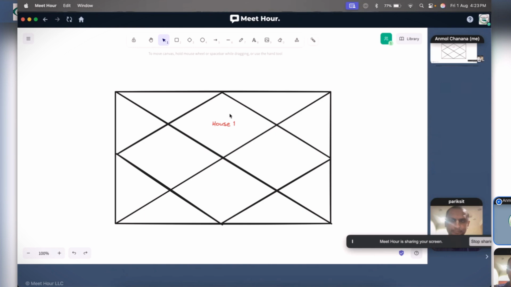And we navigate this chart anti-clockwise. In North Indian style, this is anti-clockwise. In South Indian style, this is clockwise.